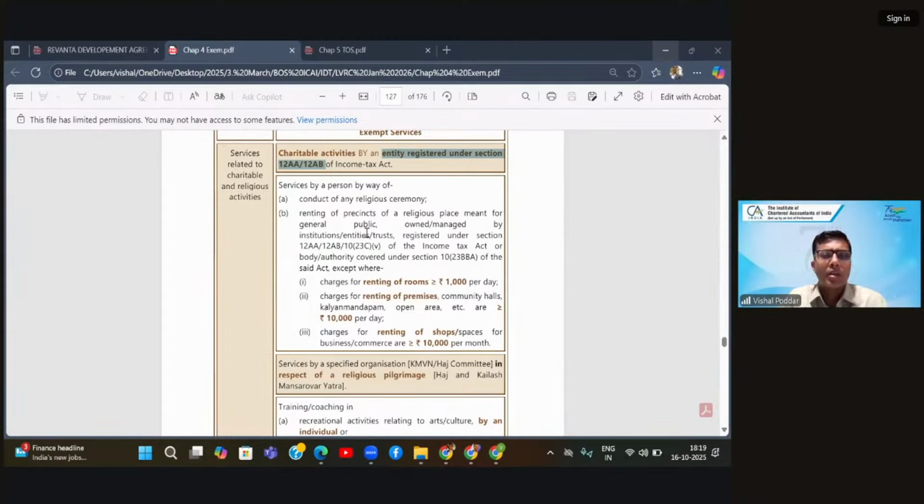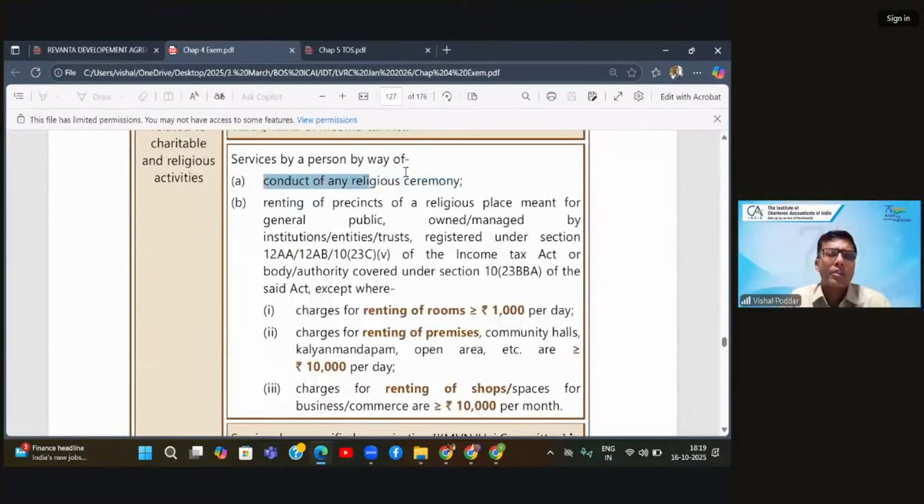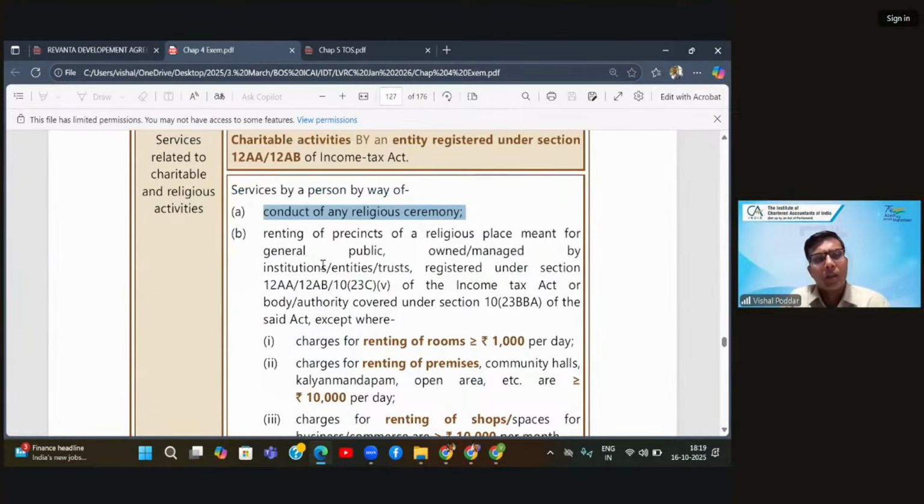Now, what is exempt under the GST law? First is where the service is by way of conduct of any religious ceremony. What is this?